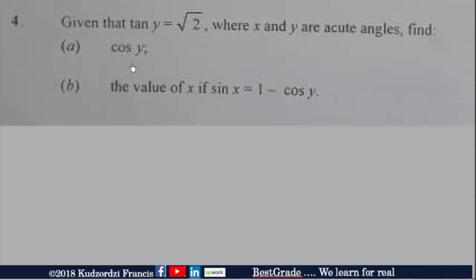So for acute angles x and y, and we're given this trigonometric ratio, tan y, so y is an angle, is equal to root 2.